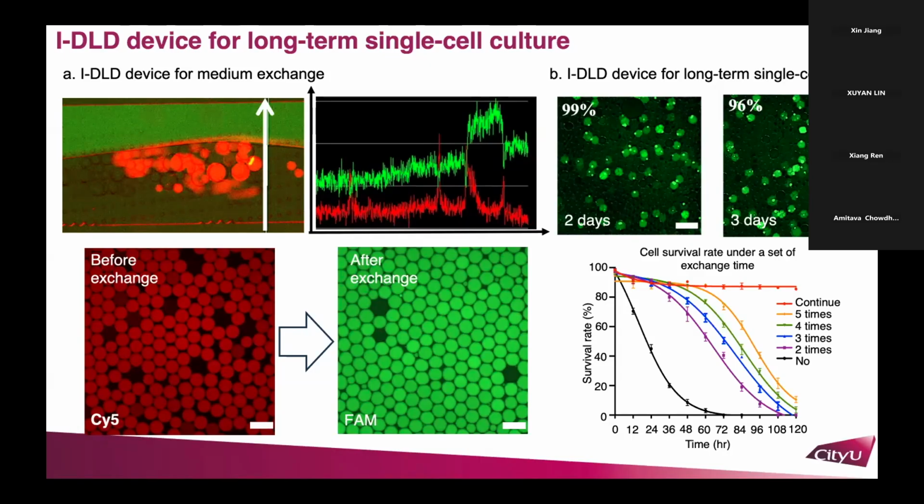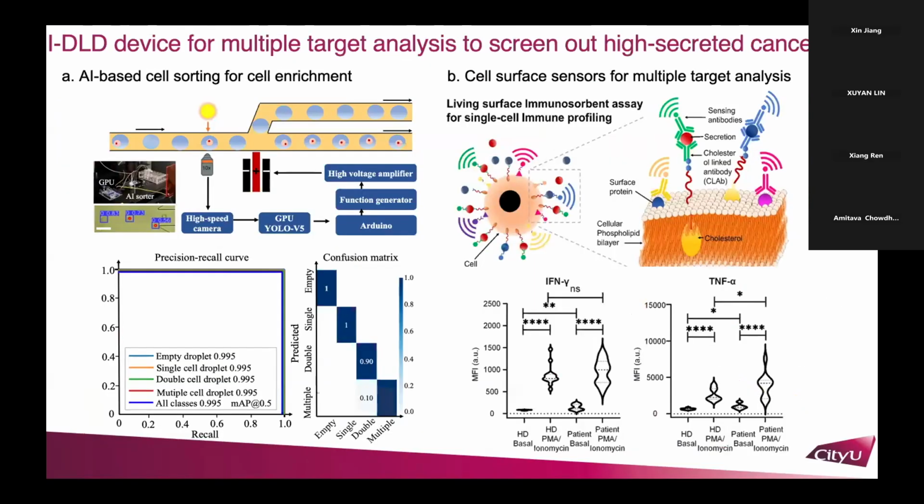These two experiments showed the exchange efficiency achieved by our device and provide the opportunity for long-term single-cell culture without causing too many cell deaths. And because we use the fresh medium to wash out the cells, it will cause a lot of empty droplets.